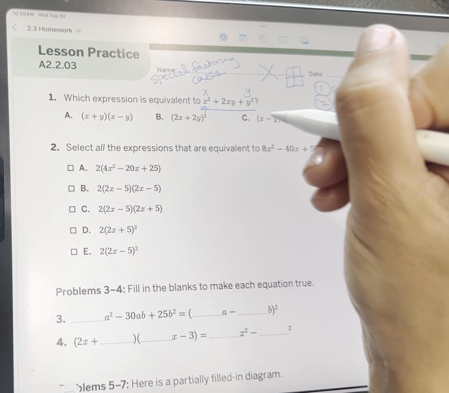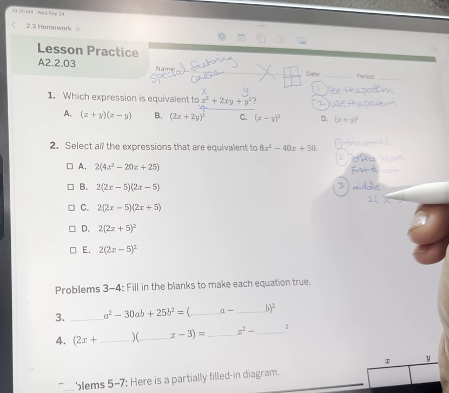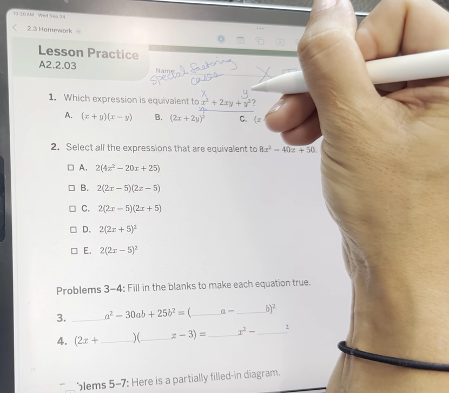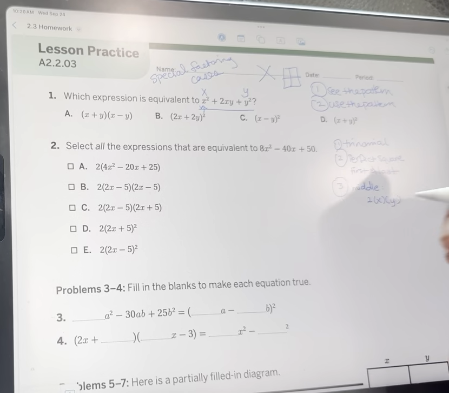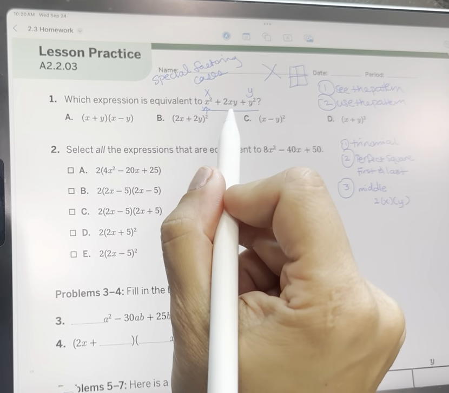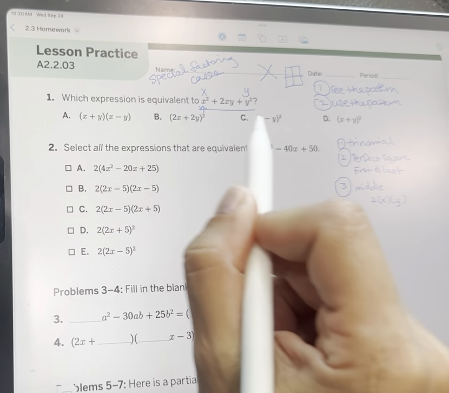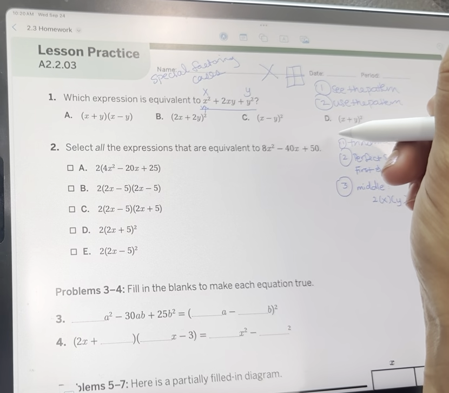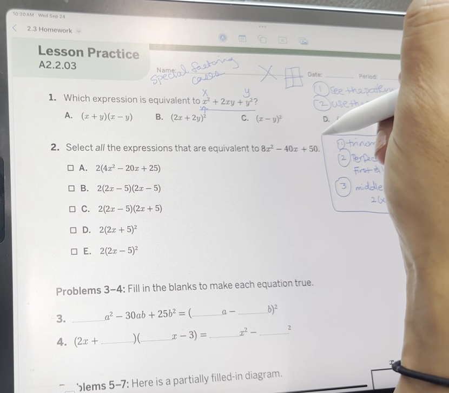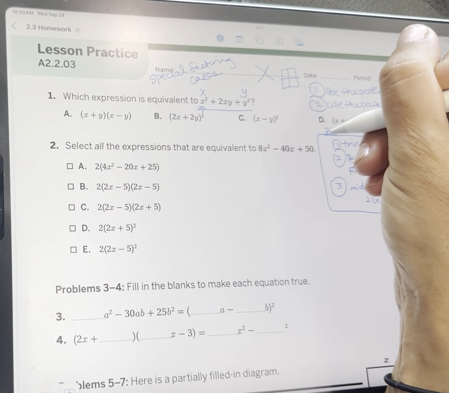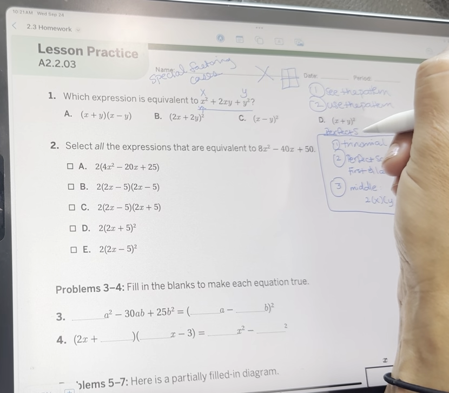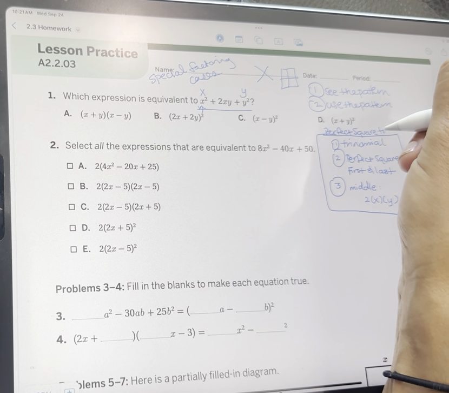So 2 times that x, that y. And the middle is 2 times x times y. So this pattern is complete. This is the perfect square trinomial pattern.